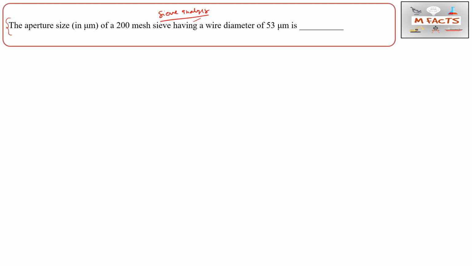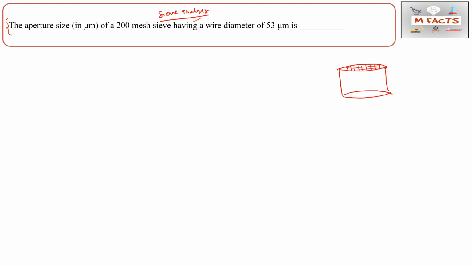Okay, so suppose we all have done this sieve analysis in our undergraduate programs. Okay, so sieve sizes. So I am trying to draw here a sieve. This is a magnified version, so don't worry, this is a magnified version. This is the sieve, and upon this sieve you will see that there are openings in square shapes.